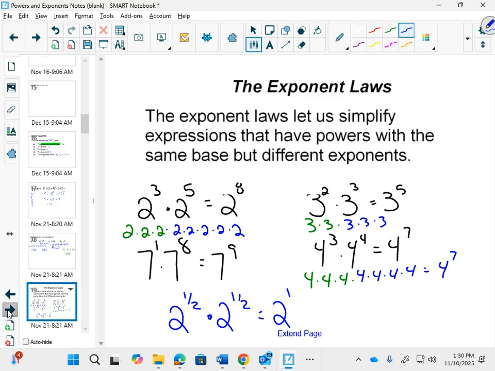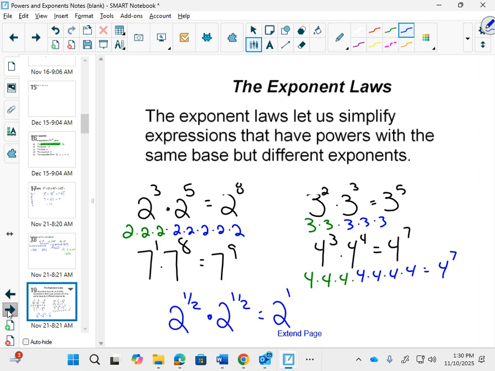So some people memorize an exponent rule. There are about 7 or 8 exponent rules in the end. So sometimes I say it's a little dangerous if you just memorize them, because you'll get them mixed up later, like fraction rules.